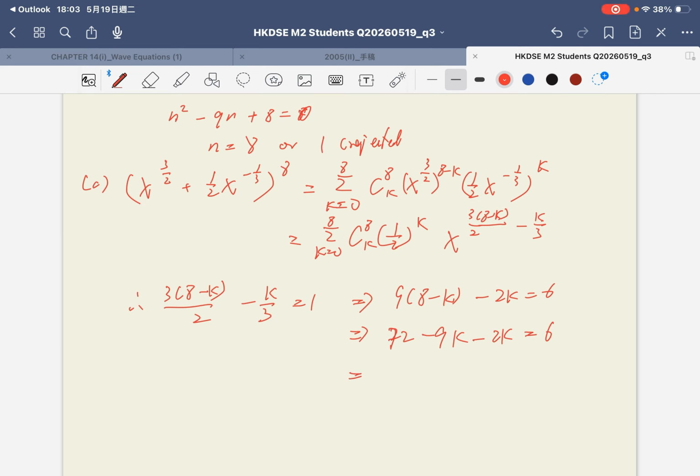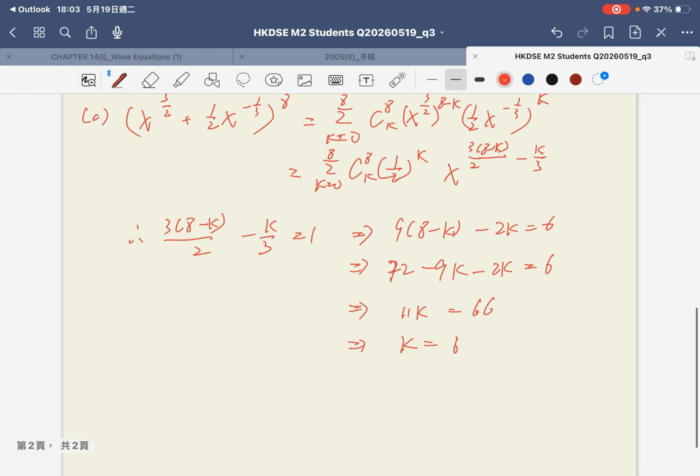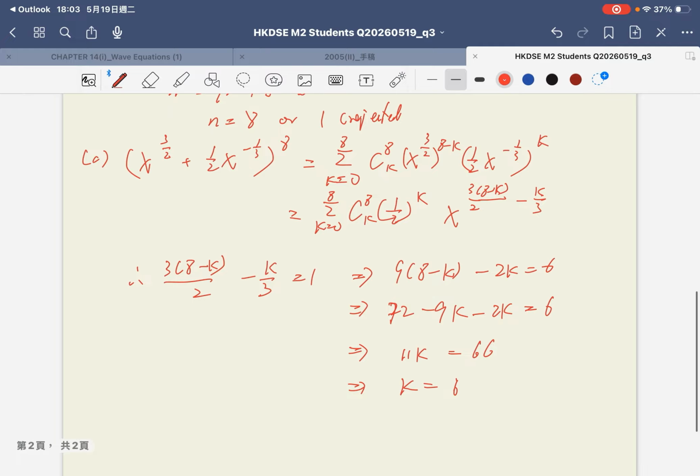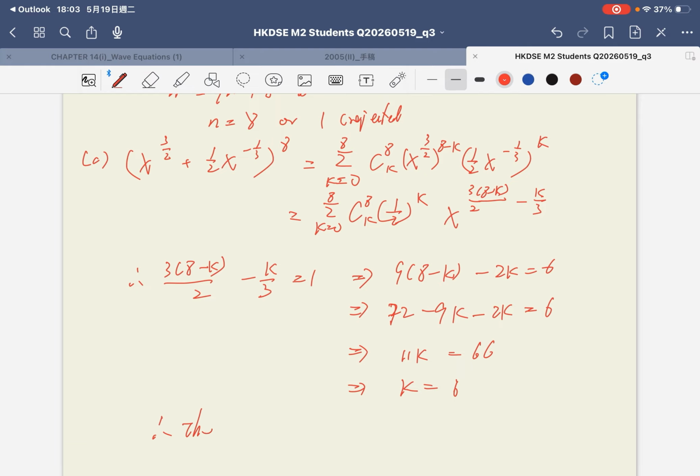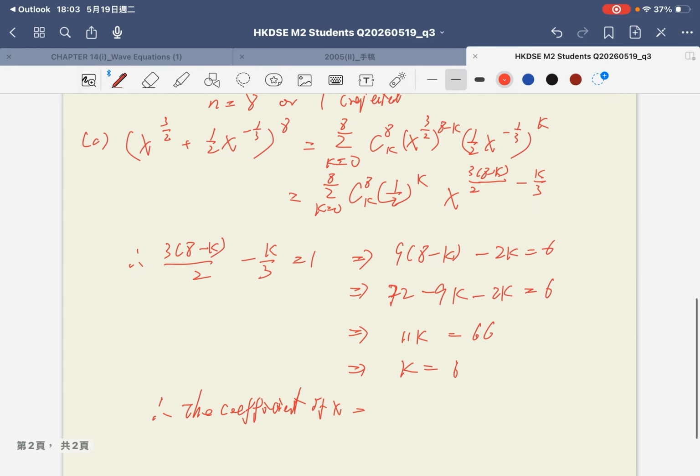Now we arrange the terms. That is 11k equal to 72 minus 6, which is 66. That is k equal to 6. And then the coefficient of x should be equal to this thing.